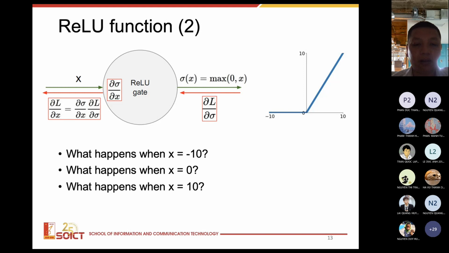So first, let's take a look at this example. We have the ReLU activation function in here, right?